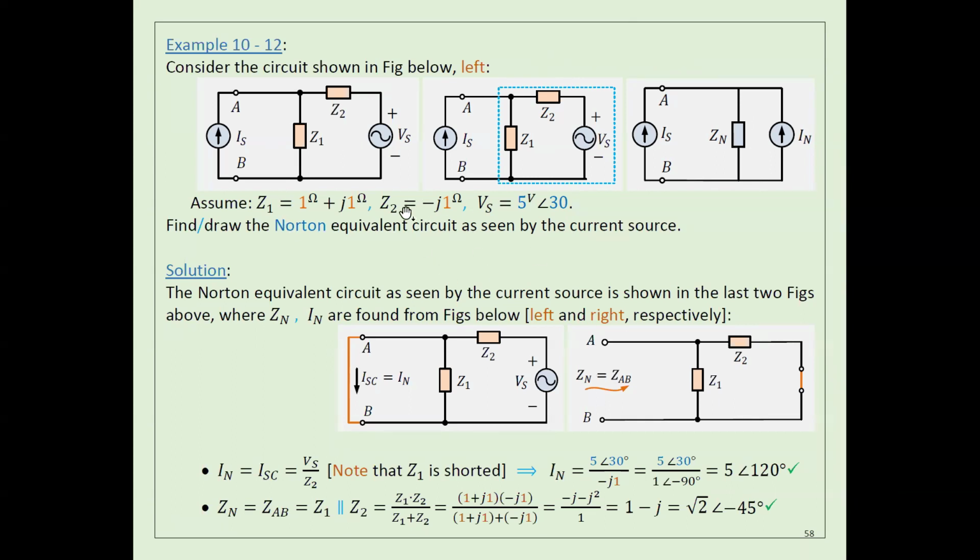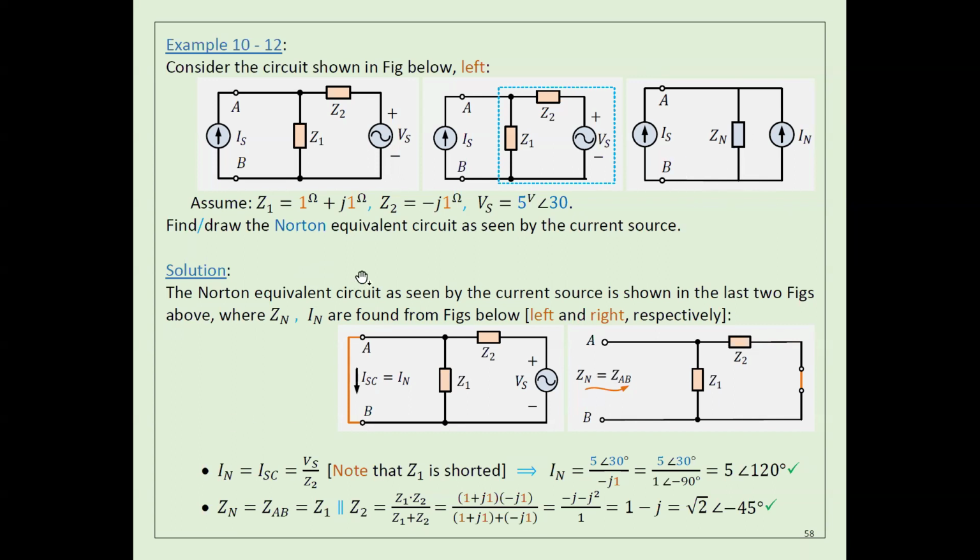Any questions? Again, nothing is new. It's exactly similar to what we did before, but all the calculations are done using complex numbers. I didn't ask you to translate it to the time domain. I just want you to draw the circuit in the complex domain, and that's it.